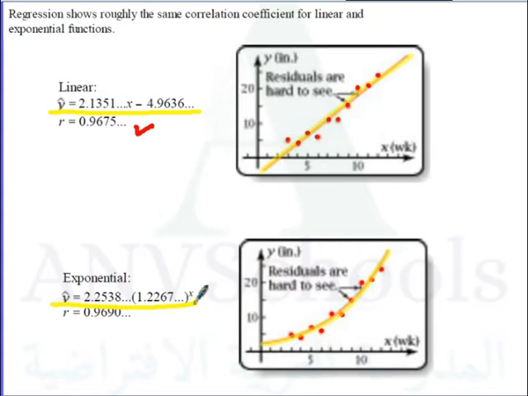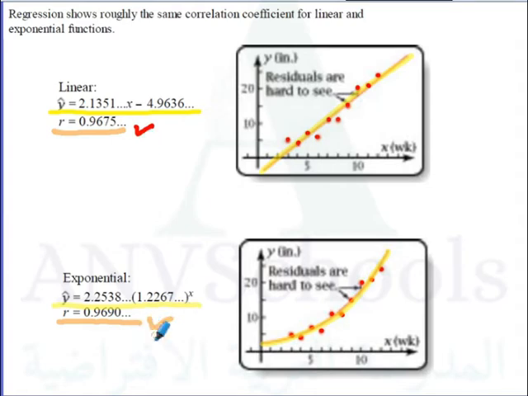And my R is 0.9690, which is pretty much similar to the R here. The correlation coefficient here is higher than here with a 0.0015 margin.